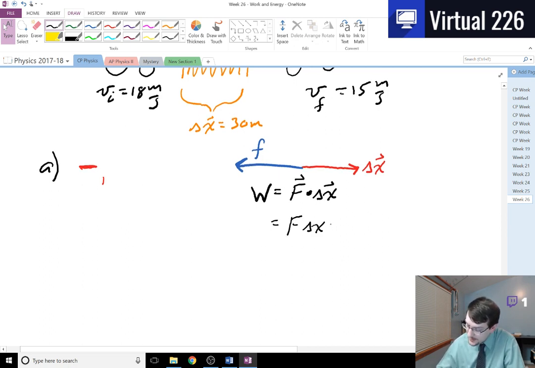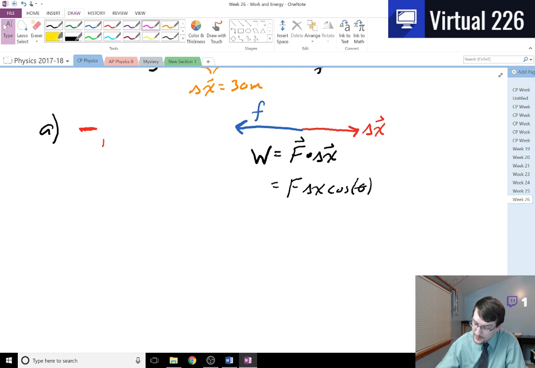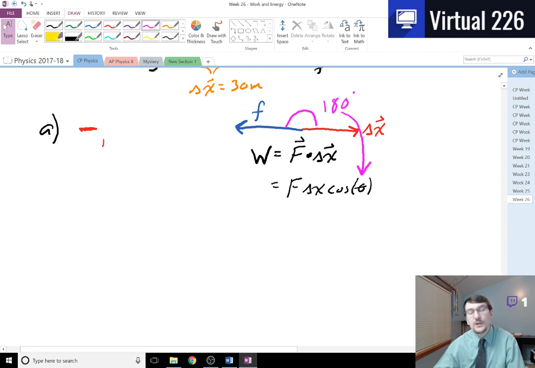It's F delta x cosine of some angle. If we look at our force and displacement, we're looking for the angle between those, and that angle is going to be 180 degrees. And we know from the unit circle that the cosine of 180 degrees is equal to -1. So the work we're going to find here is going to be negative from that cosine, F delta x.